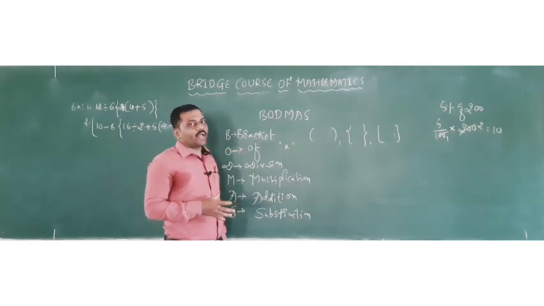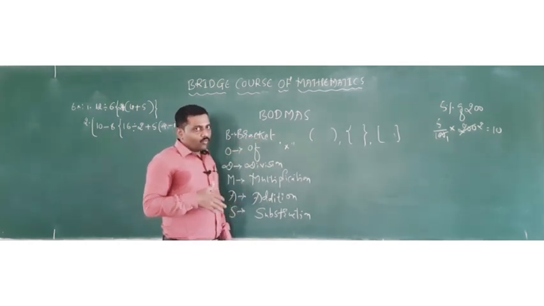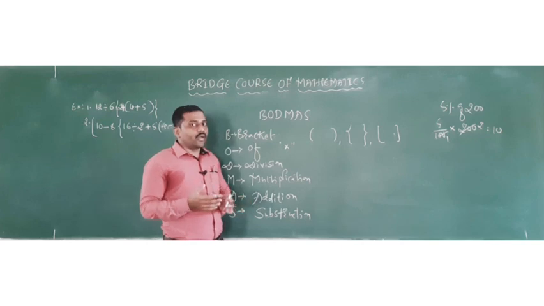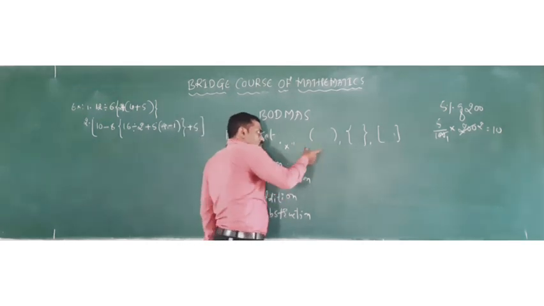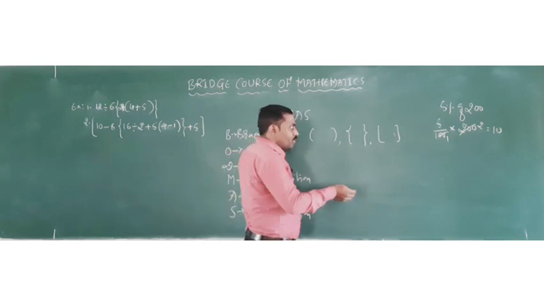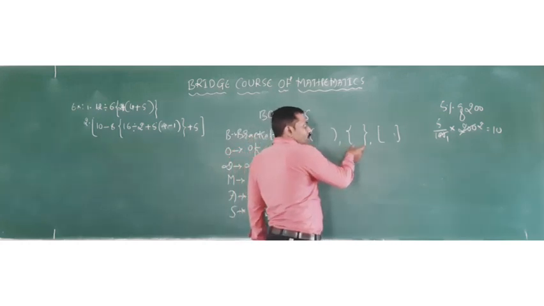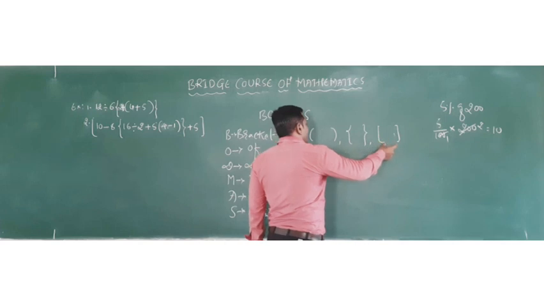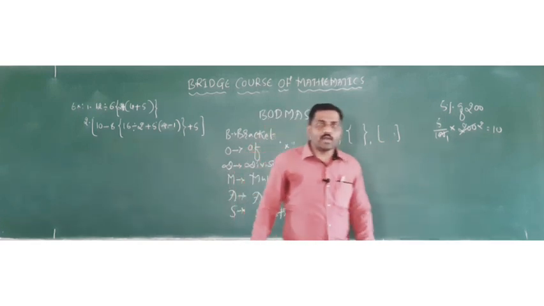In brackets, you must also follow an order. First you should remove the round bracket, then the flower bracket, then finally the square bracket.